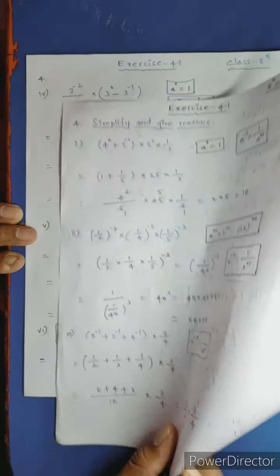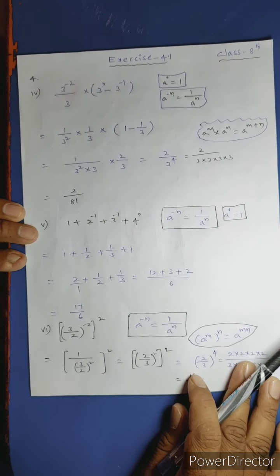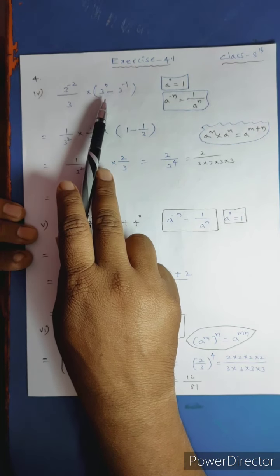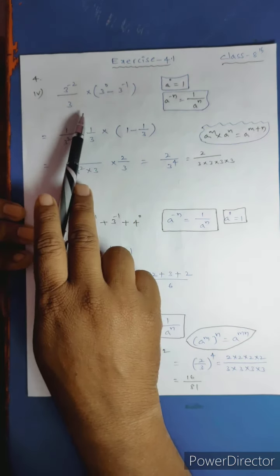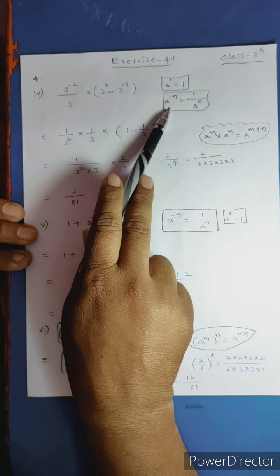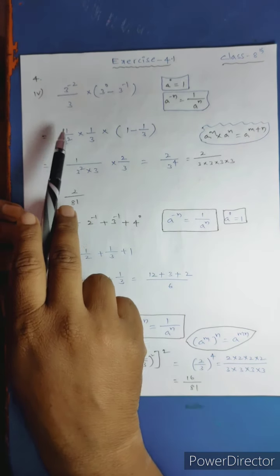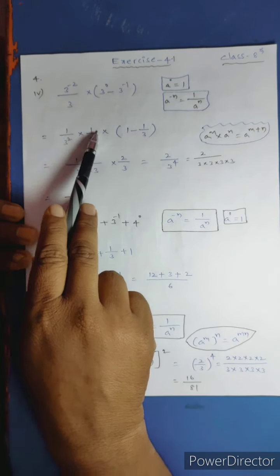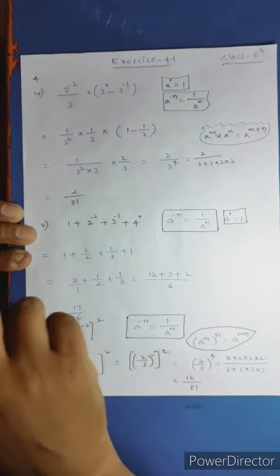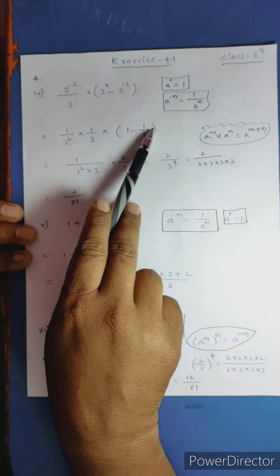Fourth section, 3 problems completed. Now the fourth section, fourth problem: 3^-2 by 3 into (3^0 - 3 inverse). Here 3^0 is in the form of a^0, which is 1. 3^-1, a^-n is equal to 1 by a^n. So 3^-2 changes as 1 by 3 squared, and the remaining is 1 by 3 into (1 - 1/3). 1 by 3 squared into 3 into 3 1 is 3, 3 minus 1 is 2, 2 by 3.